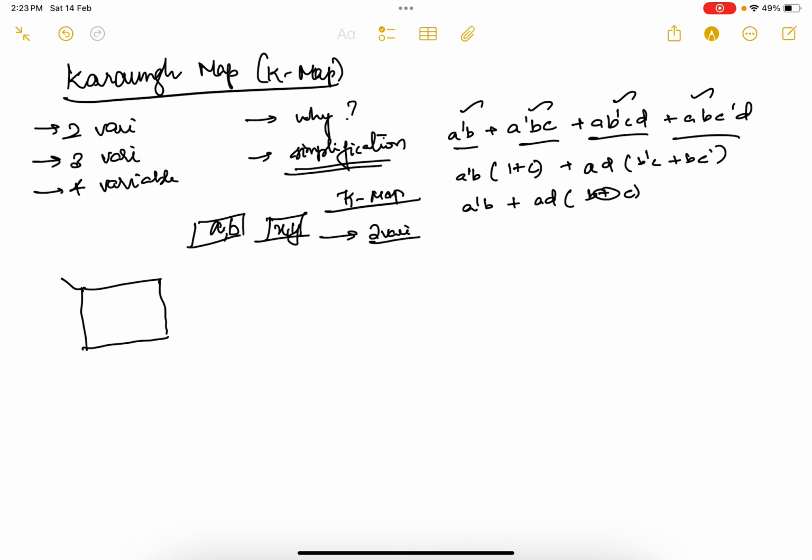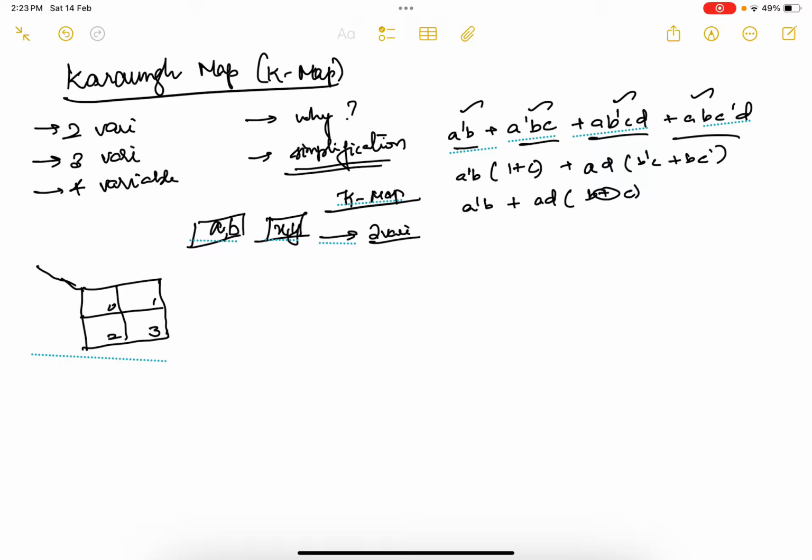This is the K map structure, which is 2 cross 2. There will be four cells: the 0th cell, first cell, second cell and third cell. So I will have four cells in a 2 cross 2 matrix, which is applicable for a two variable function.